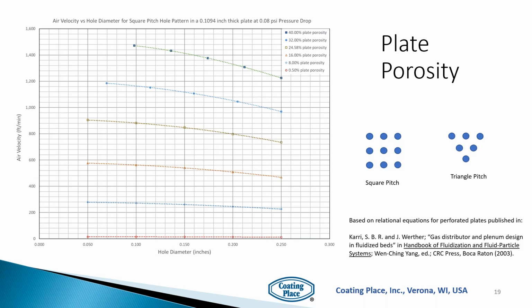So as it gets larger, you see lower air getting through. I think that's just because if you think about air pressure over an entire plate, as holes get farther apart, you have a lot of area where there are just no holes for air to go through. And when the holes are smaller, they're in closer proximity to one another, and they are able to carry the air through more freely.